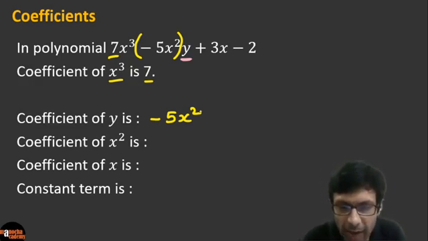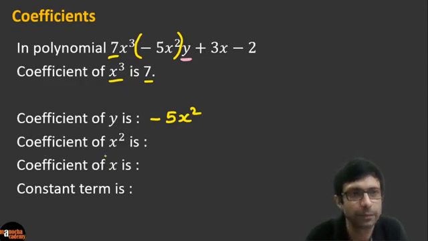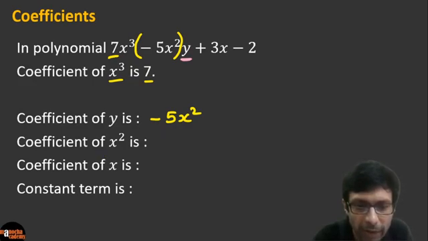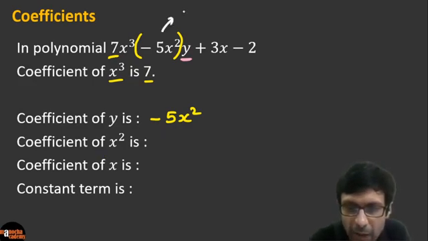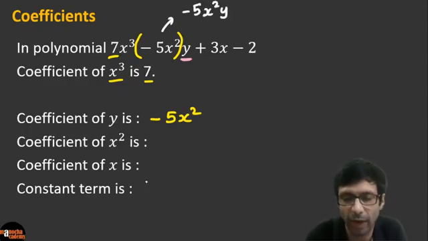Very good. And let's take a look at the coefficient of x squared. Looking again at this term, the second term was given as minus 5 x squared y, and they're asking what is the coefficient of x squared.